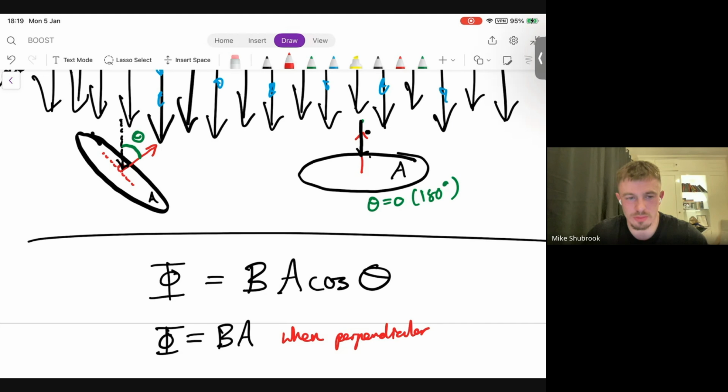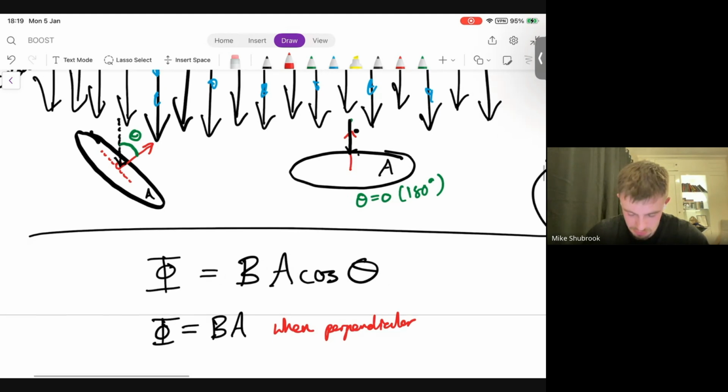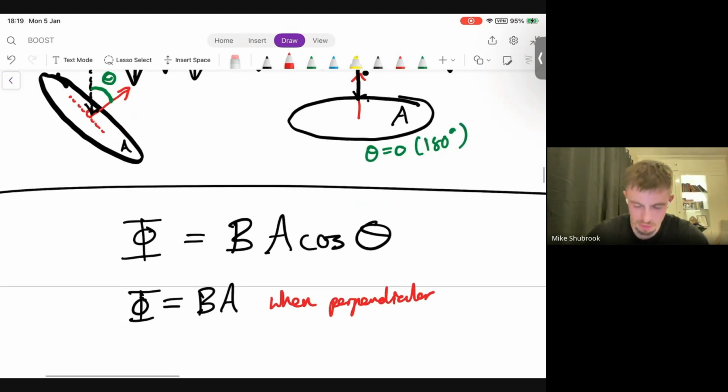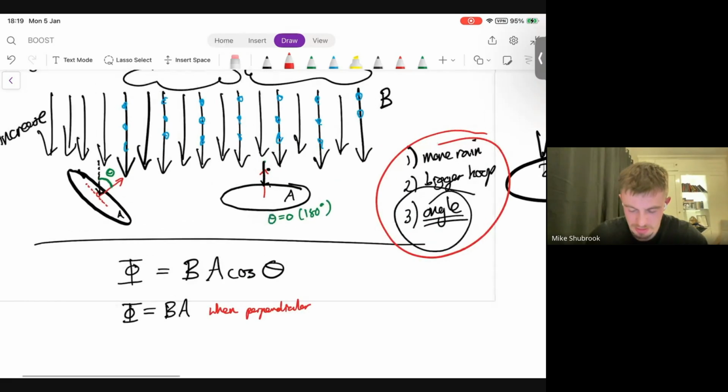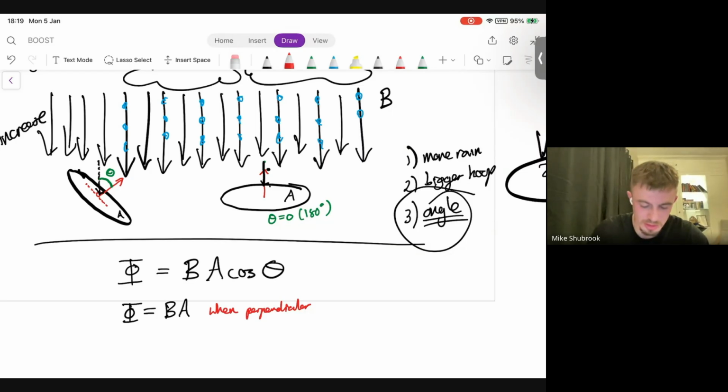Okay, cool. Nice. So let's just go back to these 3 points that we made here. We said, what are the 3 things that we can do if we want to get more rain passing through my hula hoop? Which is equivalent to asking, how do I increase the flux? The first thing we said was make it rain more heavily, which is equivalent to increasing the magnetic field strength.